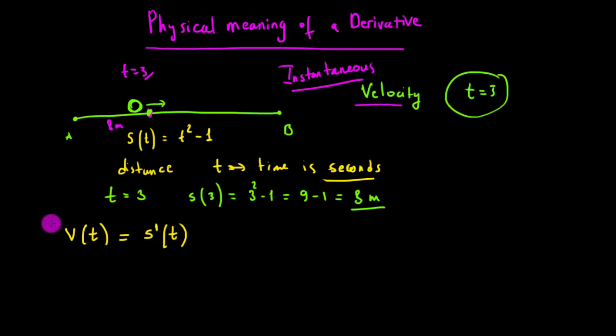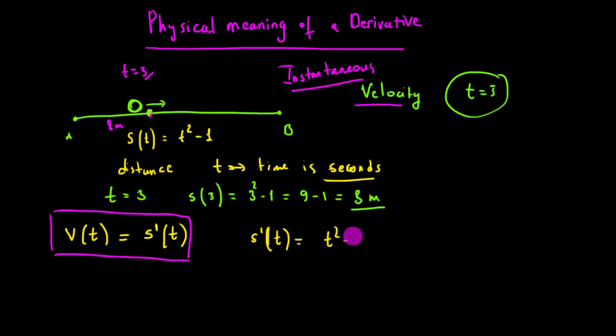So what does it mean? You first find the derivative of the s function, which is t squared minus 1. If you find the derivative, it will be just 2t.